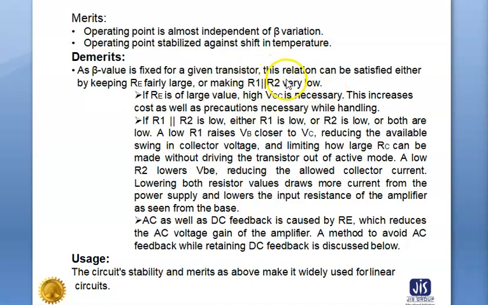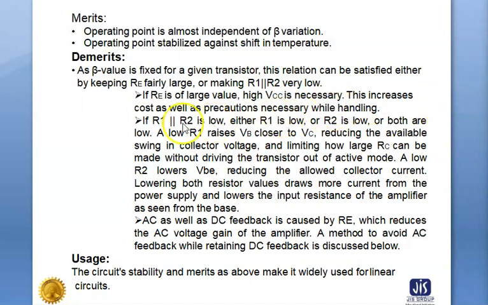Okay, the equivalent resistance of RB1 and RB2 is very low. If emitter resistor RE is of large value, a higher VCC is necessary. This increases cost as well as precautions necessary while handling.